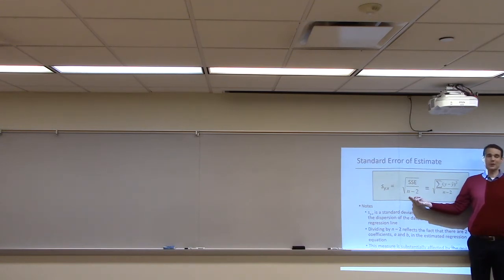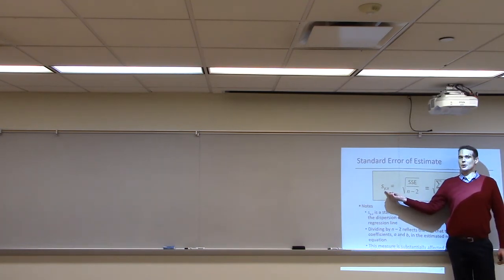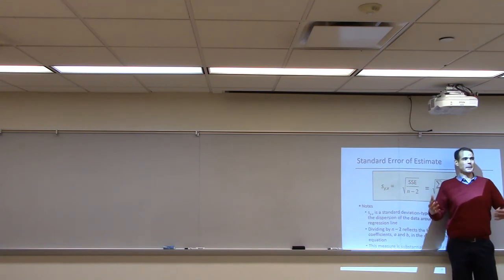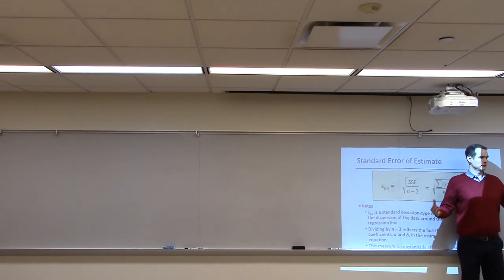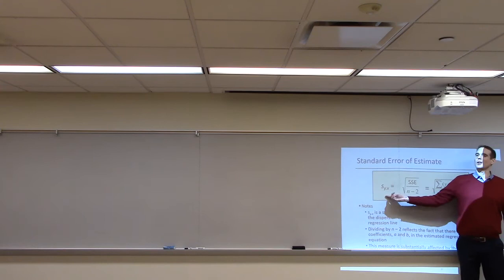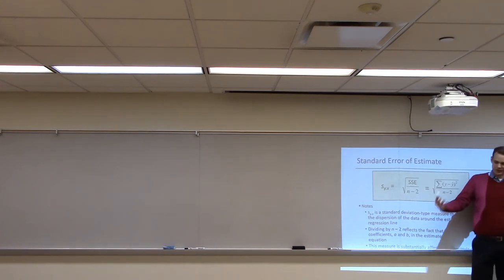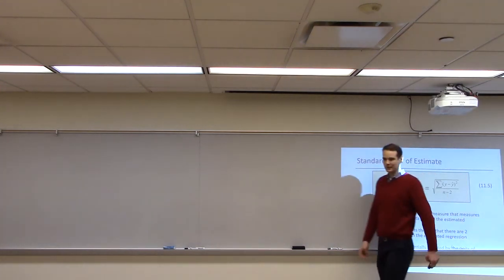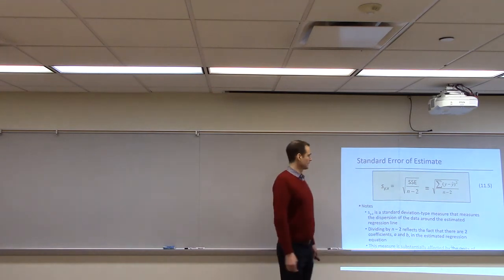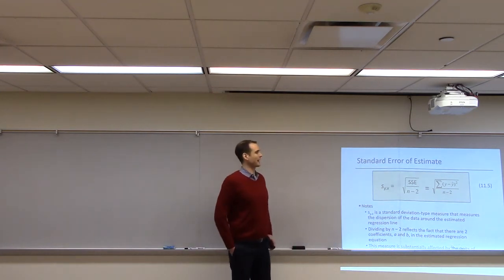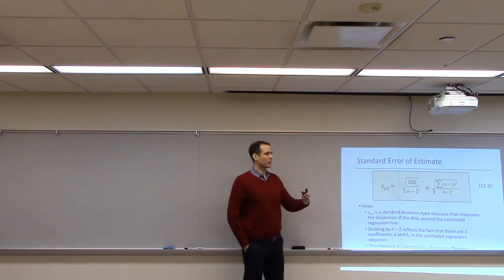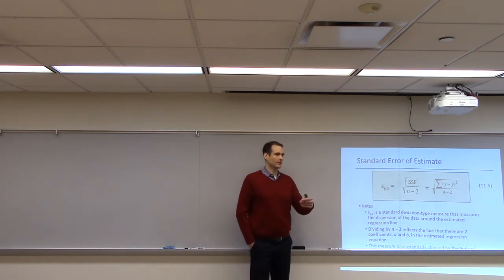To account for those unknown variables, we divide by a smaller number and make our standard deviation-like term, the standard error of the estimate, a little bit bigger. It's just a little safety margin when we make our conclusions. The burden of proof becomes a little bit higher if we're trying to prove we have something statistically significant because of those unknown variables.